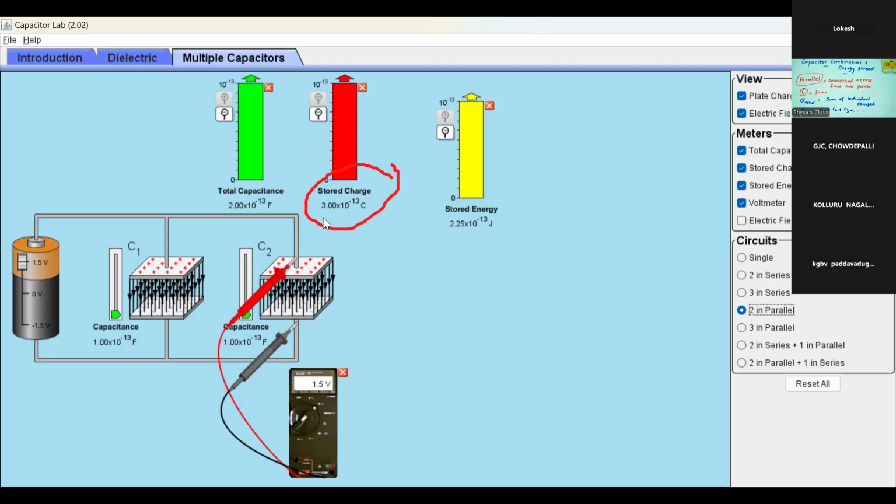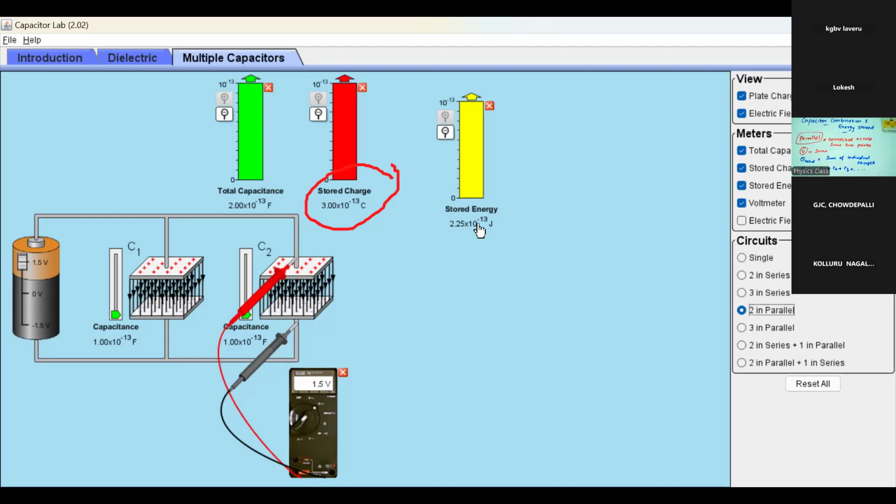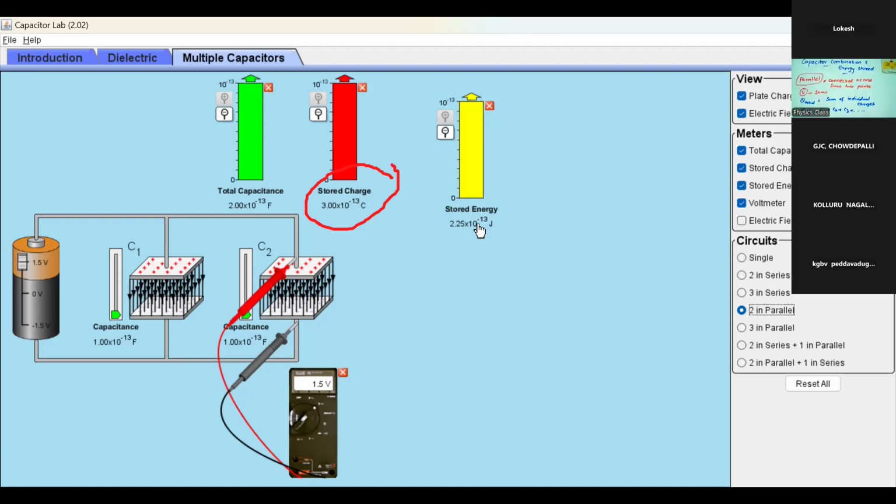Total charge is the sum of the individual charges. So 1.5 plus 1.5, we will get 3. That's why stored charge is 3. Clear? And then finally stored energy. Already I told that energy formula is 1 by 2 CV square. So here stored energy is 2.25 into 10 power minus 13 joule.